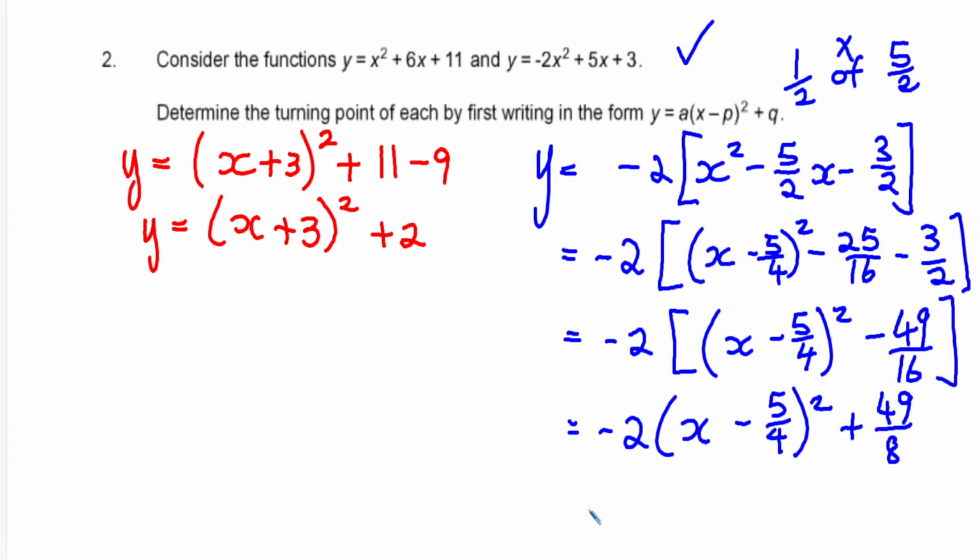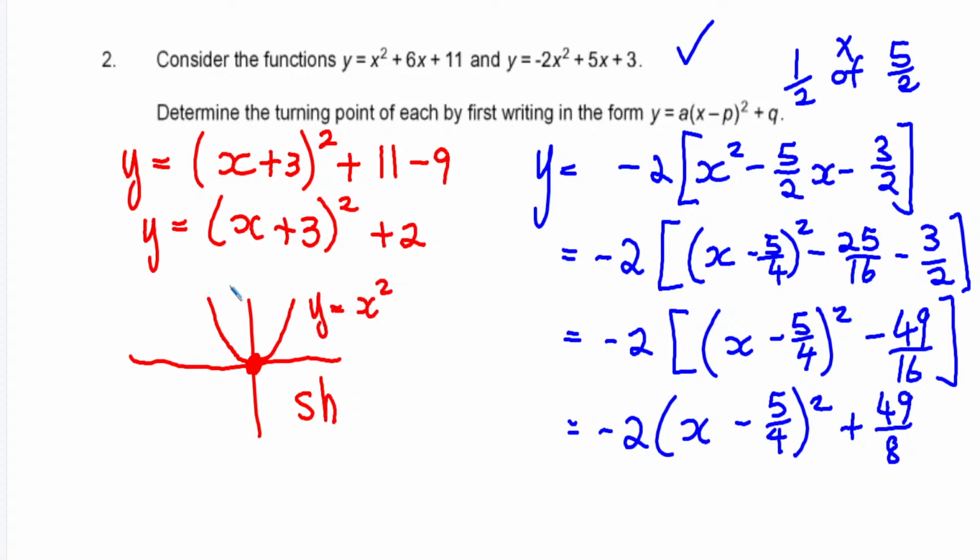Now I want to talk about these two graphs. This red one is actually just y equals x squared. Now where does y equals x squared turn? It turns at 0, 0. But it's been shifted. We're not dealing with y equals x squared. We're dealing with the same shaped graph, exactly the same tightness, but it's been shifted.